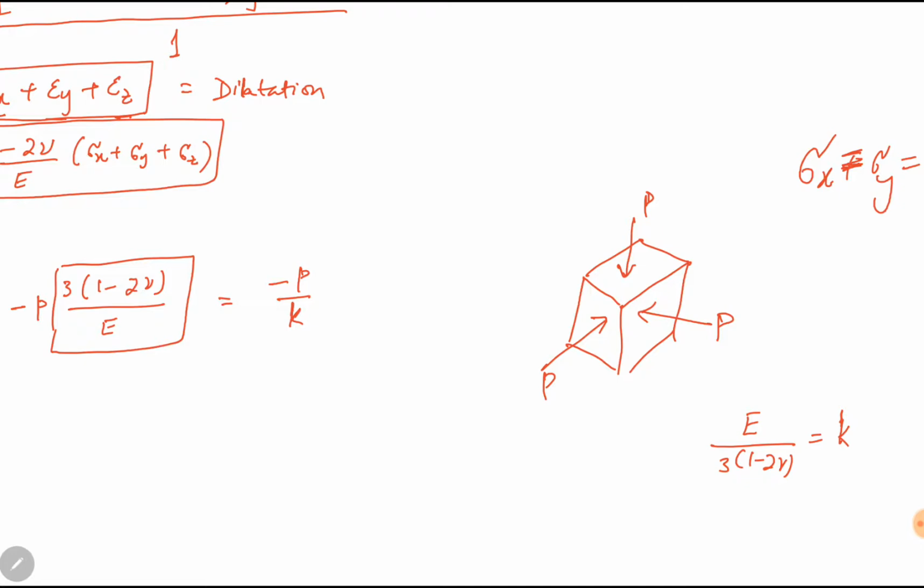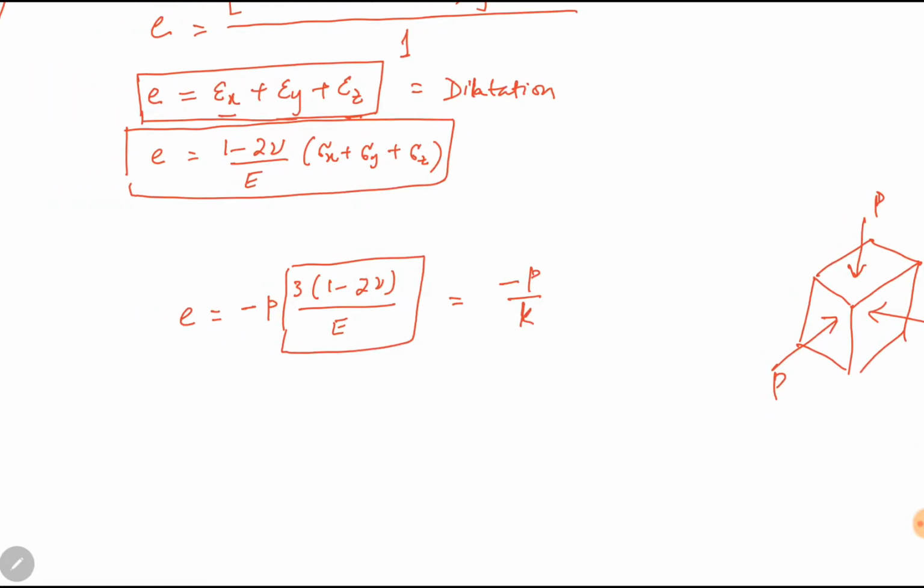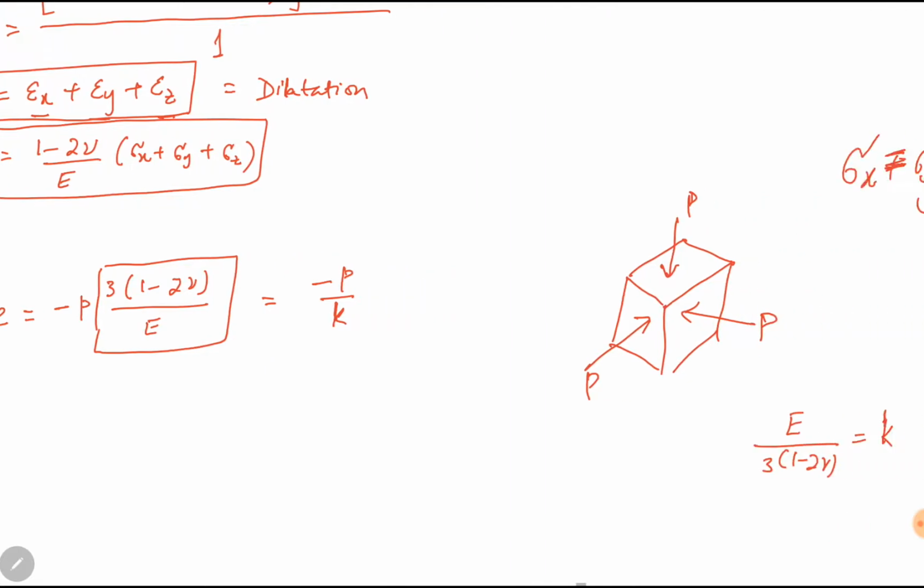The physical meaning of bulk modulus is resistance to volumetric change, volumetric strain. So now e, the volumetric strain, which is the dilatation, is equal to minus p, where p is hydrostatic pressure, over K, where K is bulk modulus.